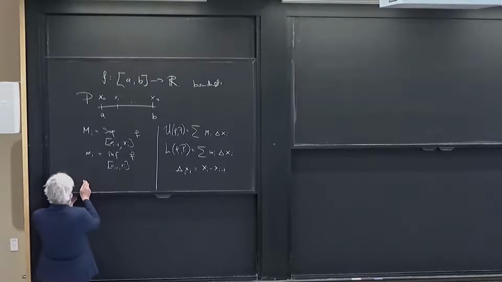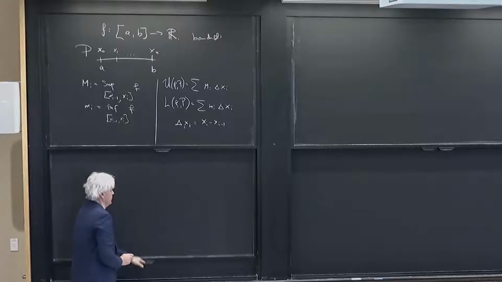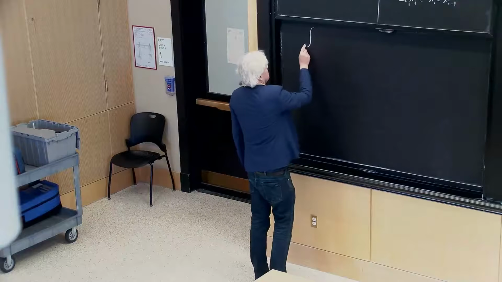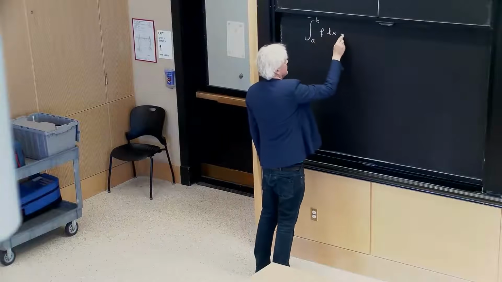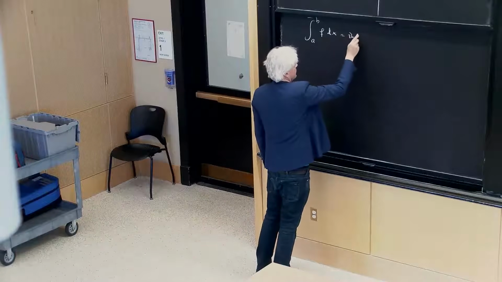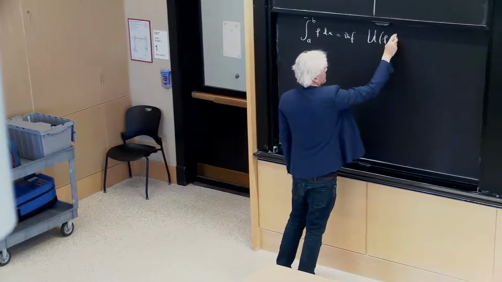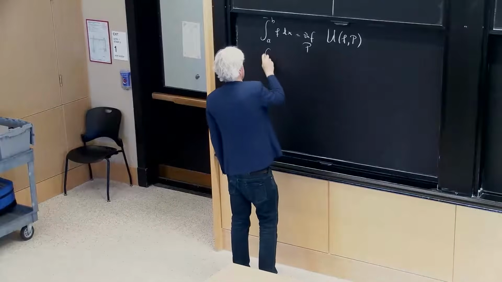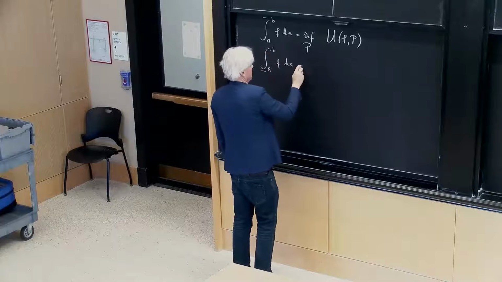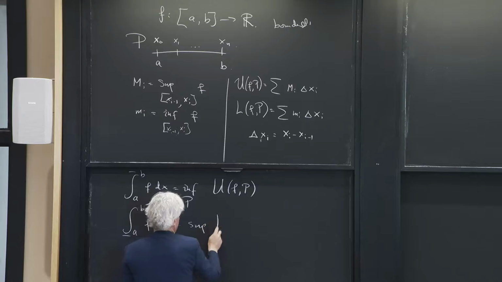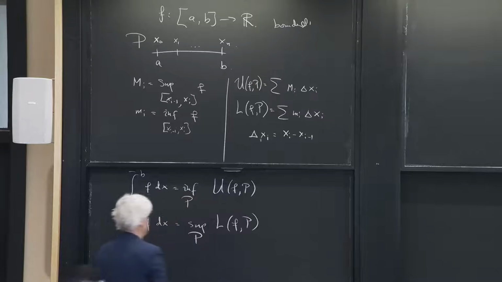Then we looked at the lower and the upper Riemann integral. This here was now the inf of these upper sums over all partitions, and the lower one, that was the sup of the lower sums over all partitions.